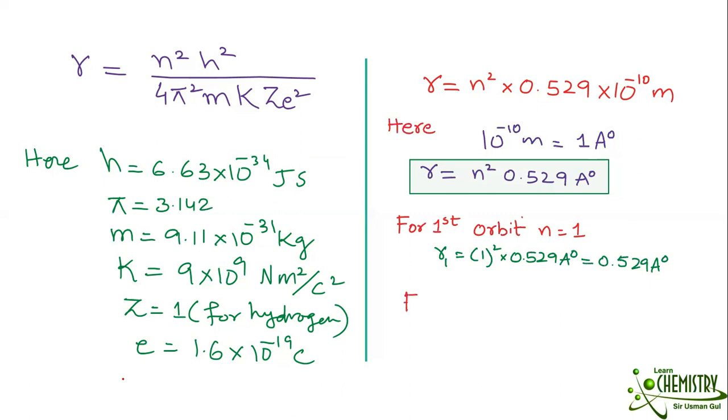Similarly, I can calculate for the second orbit, so n will be 2. r2 equals 2 square into 0.529 angstrom, and after the calculation we get 2.11 angstrom, the radius of the second orbit of the hydrogen atom.